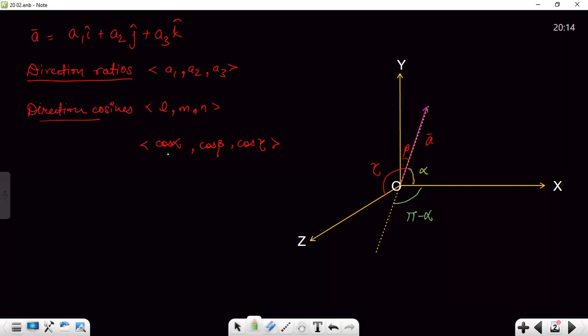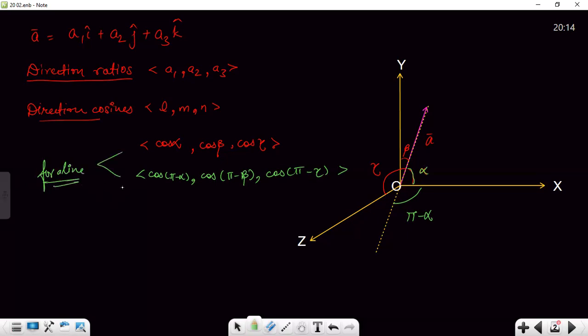So there will be two direction cosines for the x-axis, cos alpha and cos of pi minus alpha. Similarly for the y-axis, cos of pi minus beta, and cos of pi minus gamma for the z-axis. These will also be the direction cosines for a line.